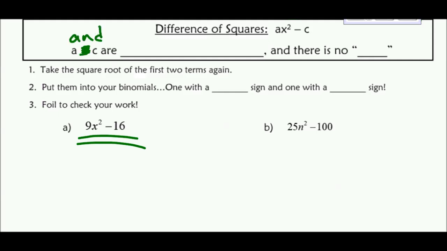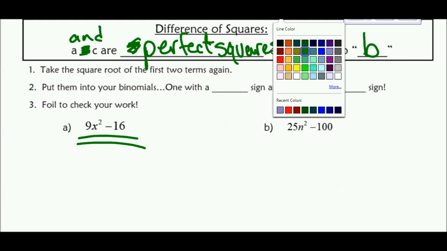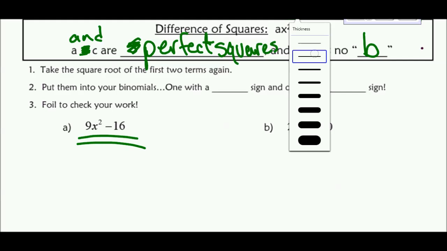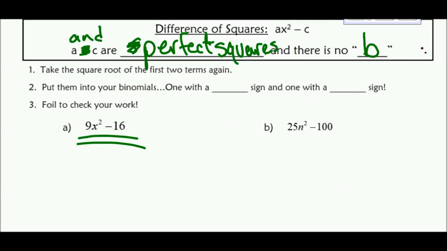A and C are still perfect squares, but now there is no B. The B's completely canceled out because one was positive, one was negative, and it ended up with 0.